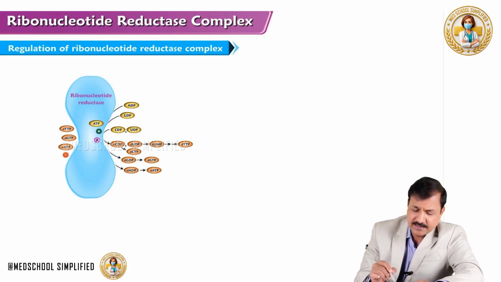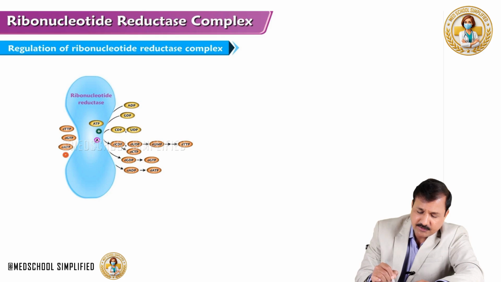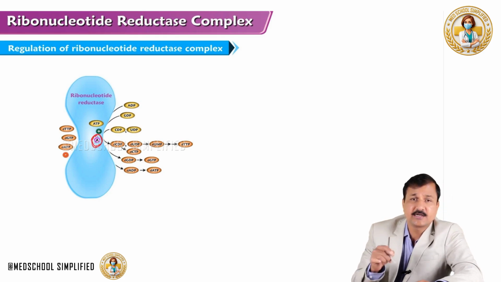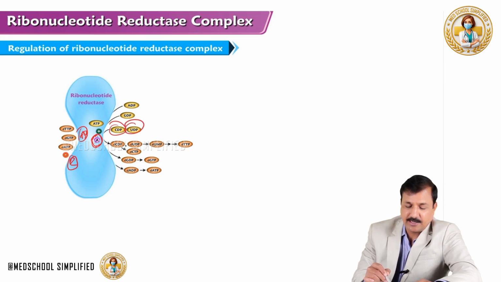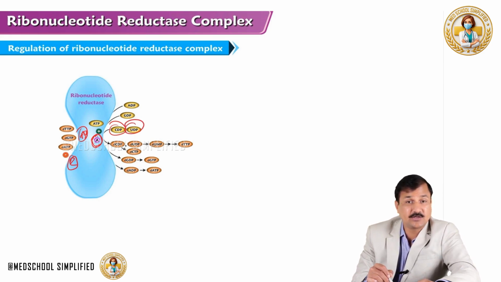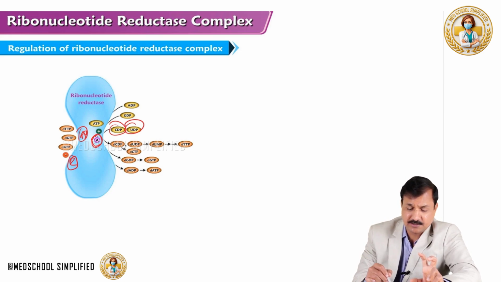So here is the active site, A for active site there, that is the substrate binding site, and R for regulatory site on this side. Okay, so whenever ATP binds to the activity site, that's the regulatory site, ATP binds here. So at that time, UDP and CDPs will come and bind to the active site of the enzyme, that is the substrate binding site.